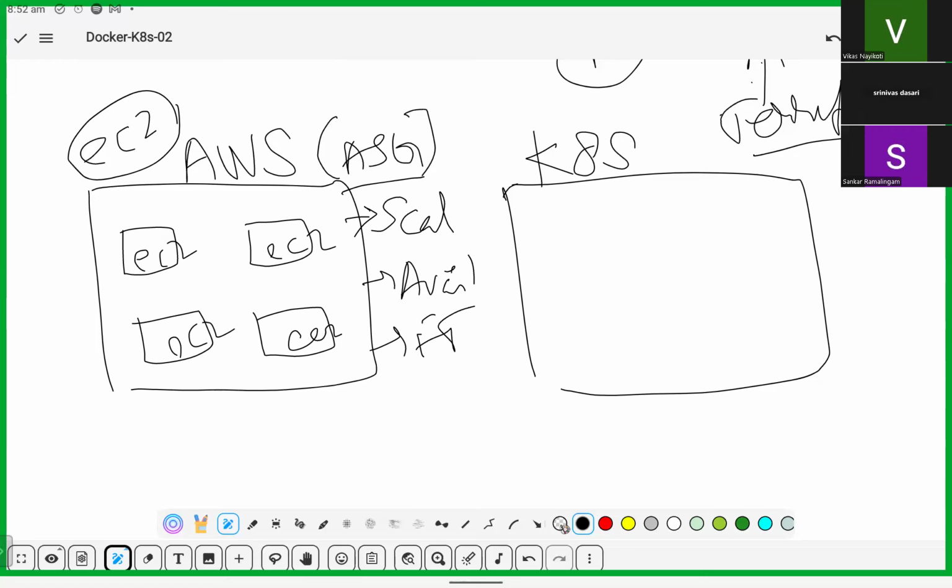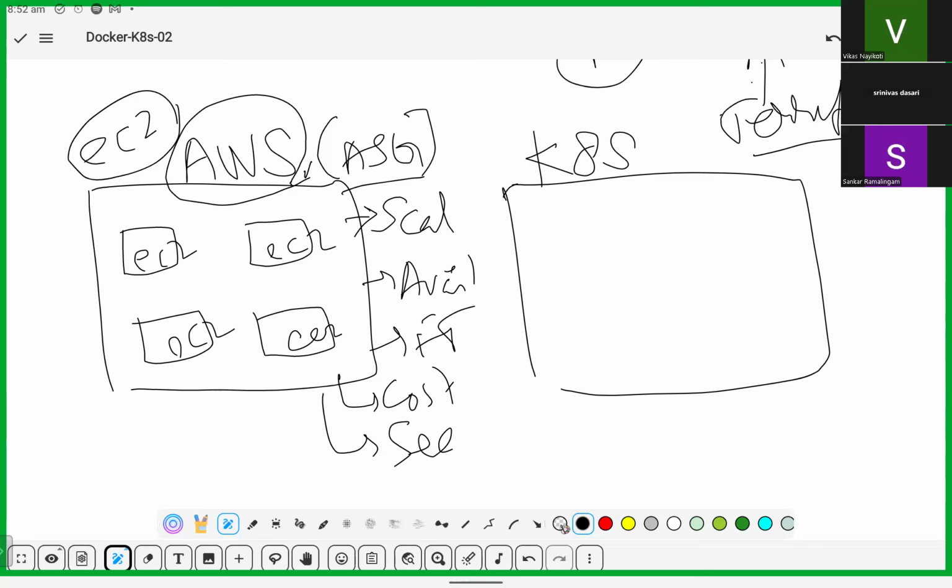Without this, we can't really have a reliable, powerful or high performance solution. And cost and security. So with respect to Kubernetes, the whole thing on this left-hand side is managed by AWS, right?